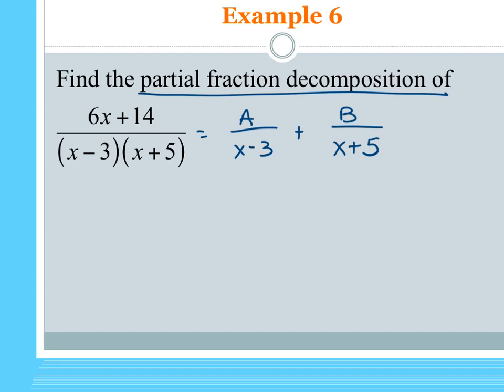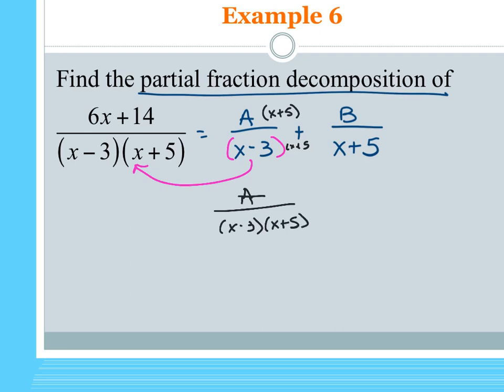Now, the long way to do this is if I wanted to combine and get a least common denominator, I would have to look at x minus 3, compare it to the side on the left, and say what's missing from that denominator to the first one. x plus 5. And if I was walking through the motions, I'd multiply this times x plus 5 and this times x plus 5. I'd get A times x plus 5 over x minus 3 times x plus 5.